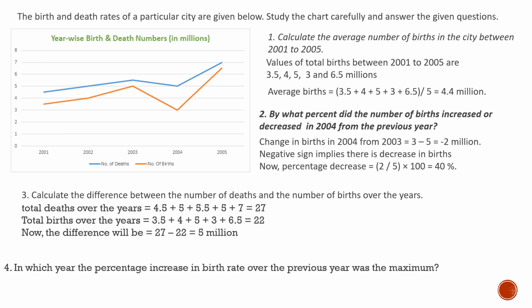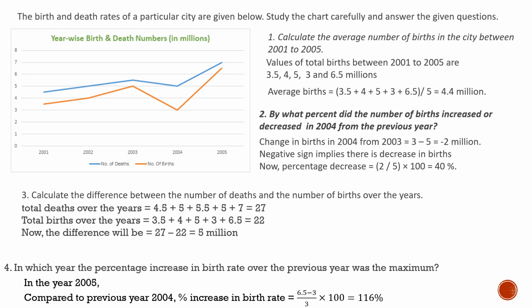So it is clearly visible that in 2005 the increase in the birth rate over the previous year was maximum compared to the others. In 2005 the total birth is 6.5 million, and in 2004 the total birth is 3 million. So the percentage increase will be 6.5 minus 3 divided by 3, that is 116%. Similarly, you can find the percentage increase in the birth rate for every year compared to the previous year.